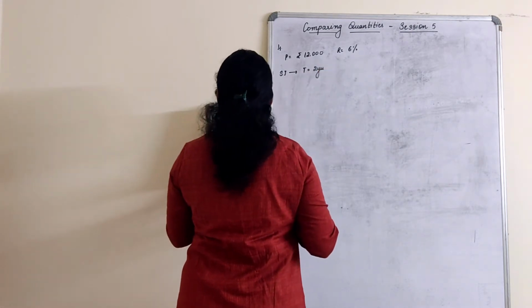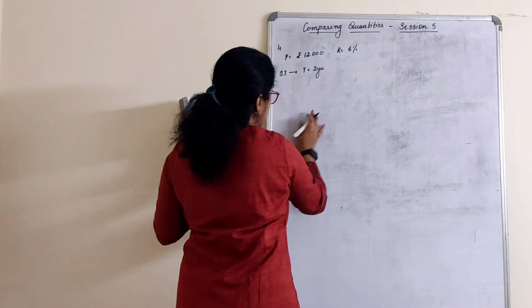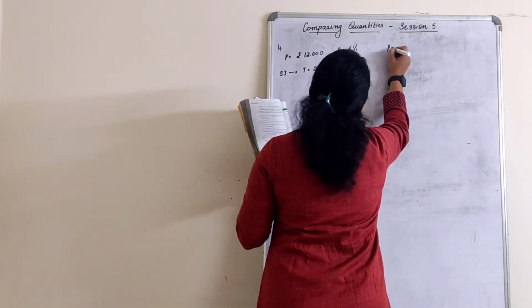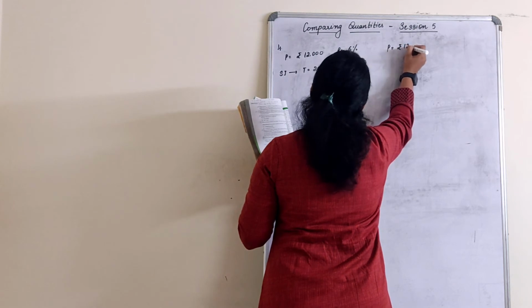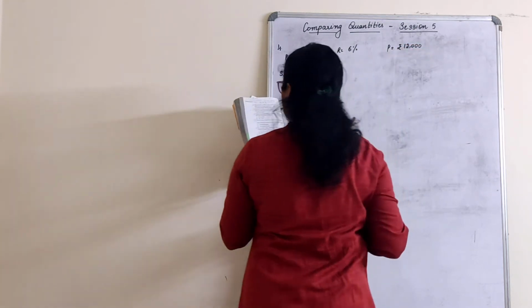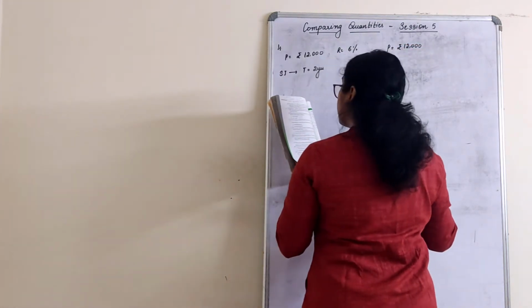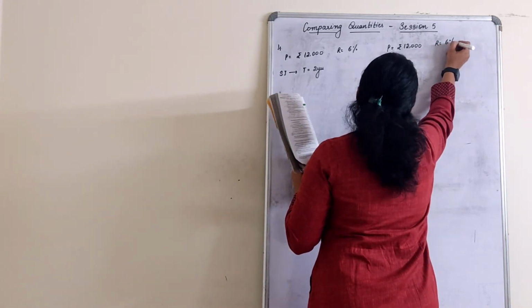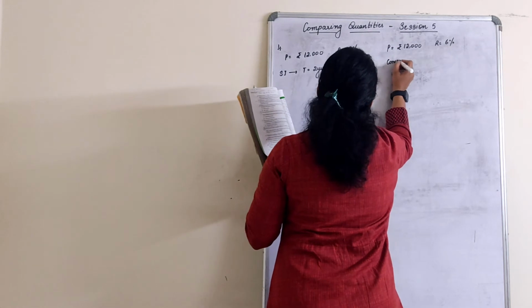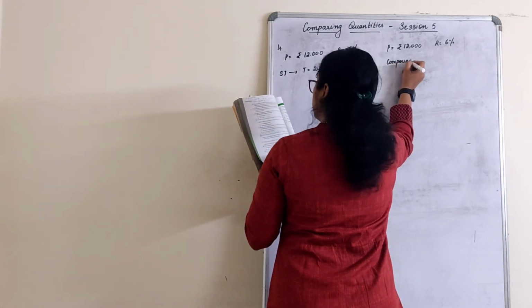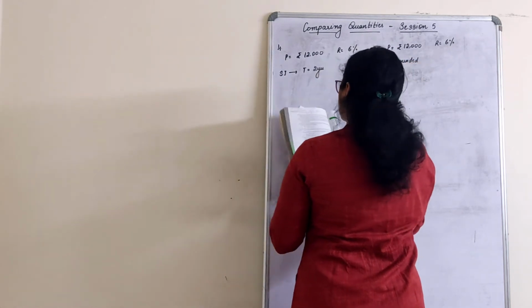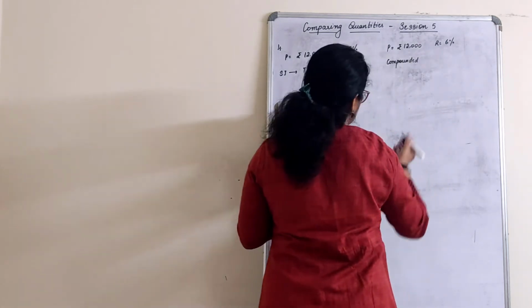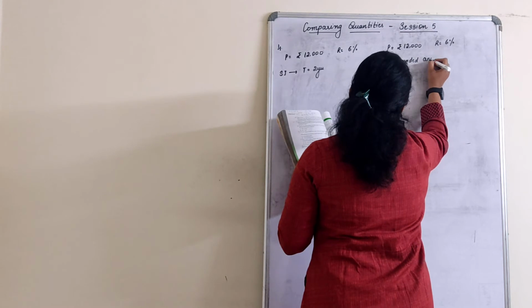Had I borrowed this sum only, 12,000 at 6% per annum, compounded annually.